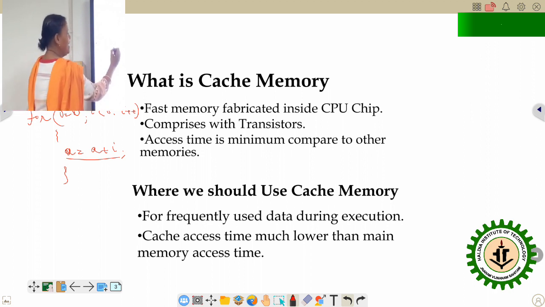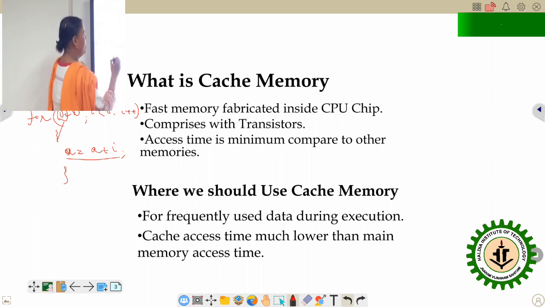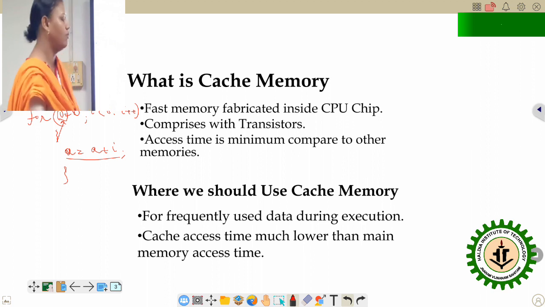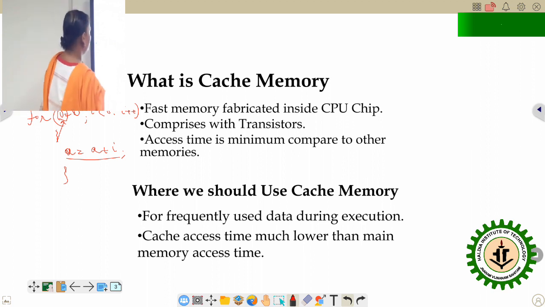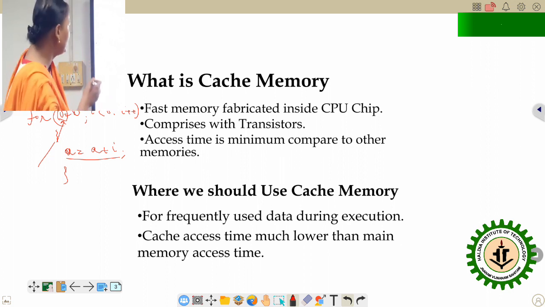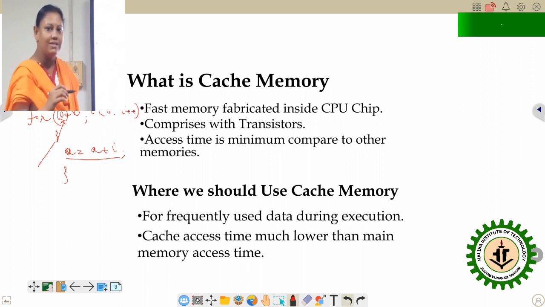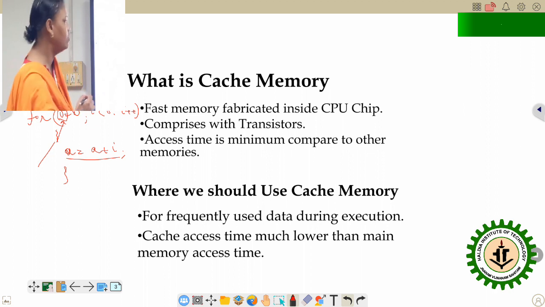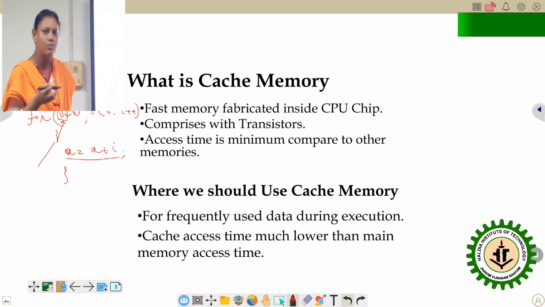So here i is the loop variable, and obviously it is stored in some memory of our system. During execution, if every time we access the primary memory to access this loop variable i, it is time consuming because main memory speed is very low.